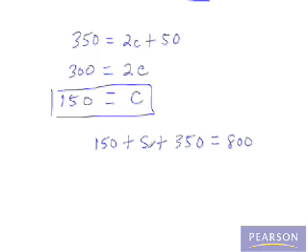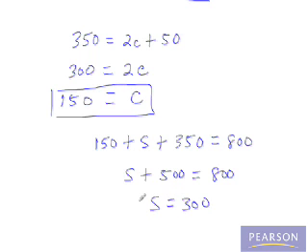Adding the two values gives us 500, so S plus 500 equals 800. Subtracting 500 from both sides, S is equal to 300. And there I have all 3 of my variables solved for.